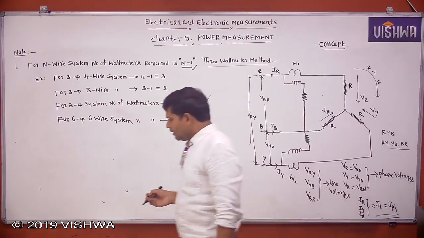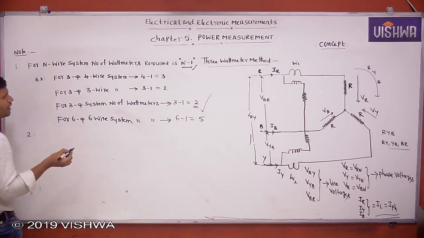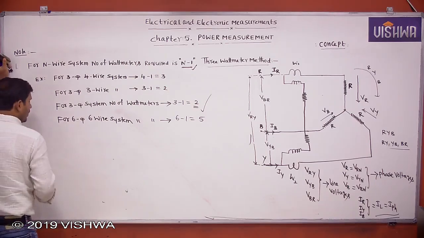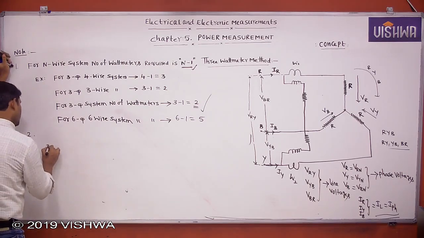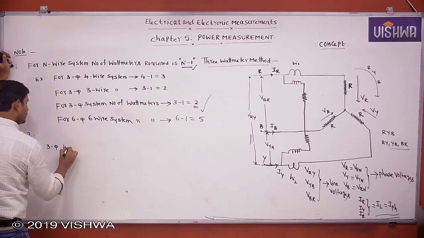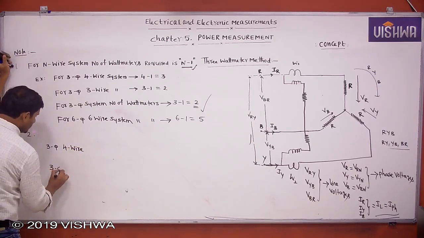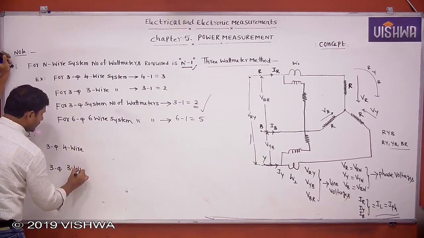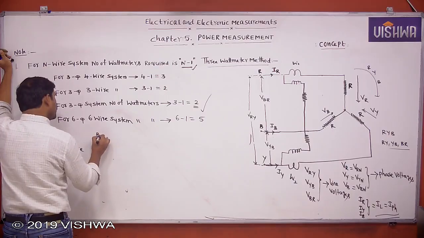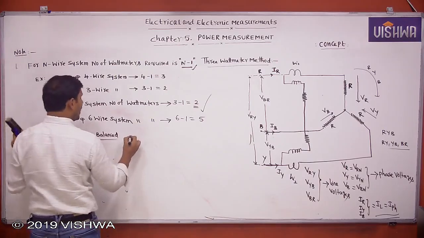But if minimum number, maximum number, balanced and unbalanced are given, then in that case also this formula is applicable except one case, so concentrate. See, 3-phase 4-wire and 3-phase 3-wire, balanced system and unbalanced system.